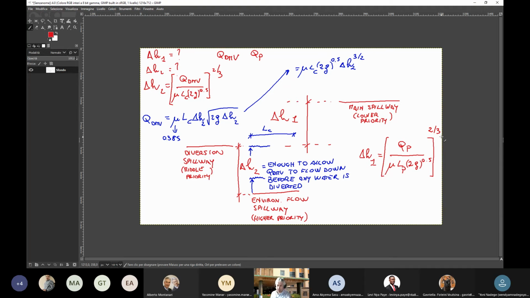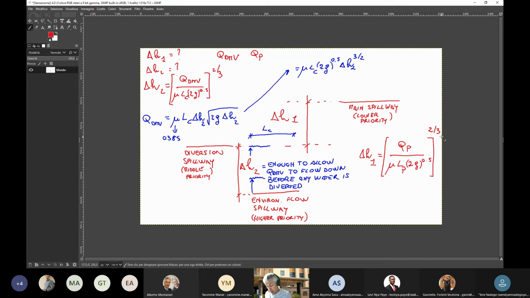So the same reasoning is repeated for delta H1, and of course, by substituting QP instead of QDMV, QP is the design diverted discharge, and using LP, the width of the diversion spillway, instead of the width of the environmental flow spillway. So this is the way these differences in elevations are computed.